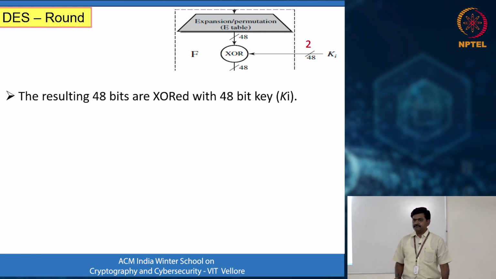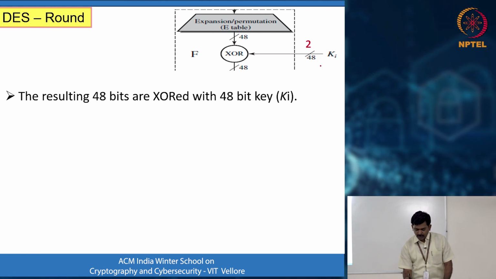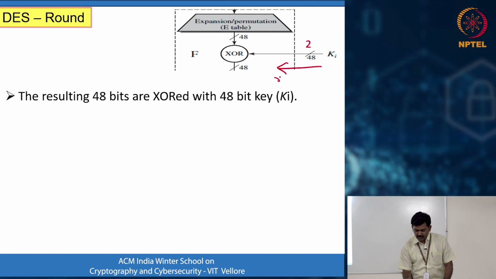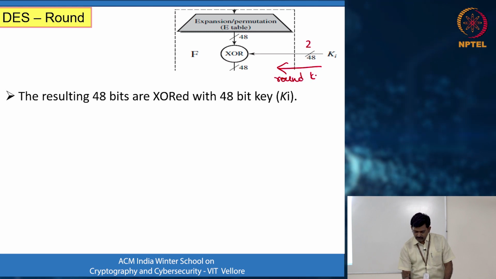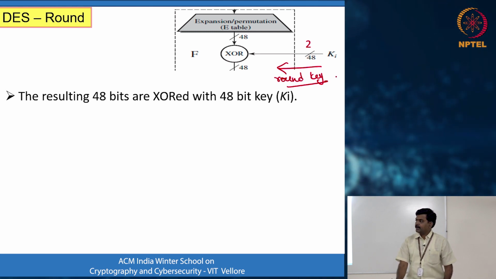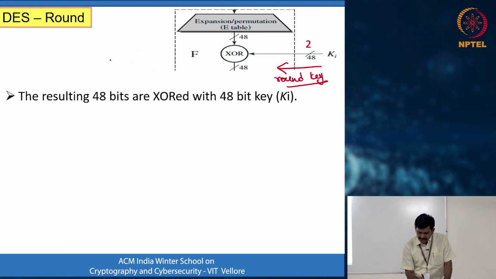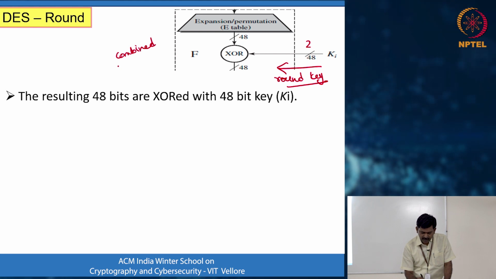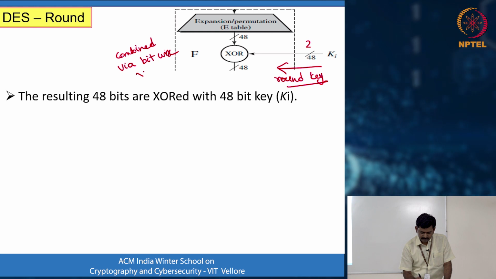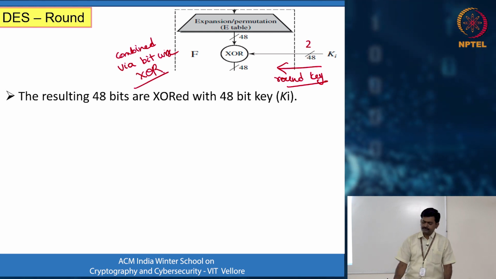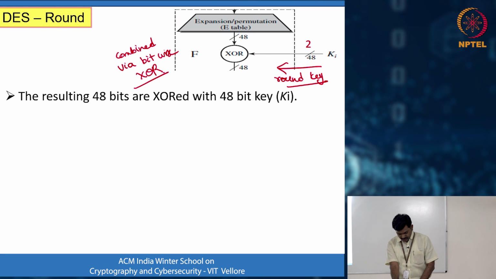That is the second step. So from the key side, the round key is combined via bitwise XOR to produce 48 bits, right?